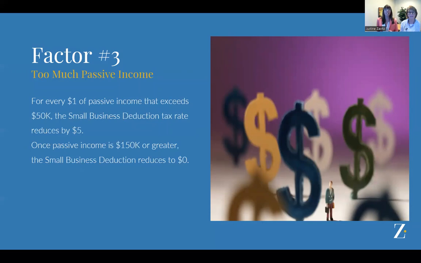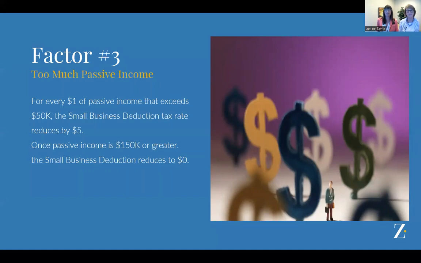You can earn up to $50,000 of passive income before you're impacted. But every dollar over $50,000 is going to reduce your small business deduction, that $500,000, by $5. So once your passive income is $150,000 or greater, the small business deduction will reduce down to zero.